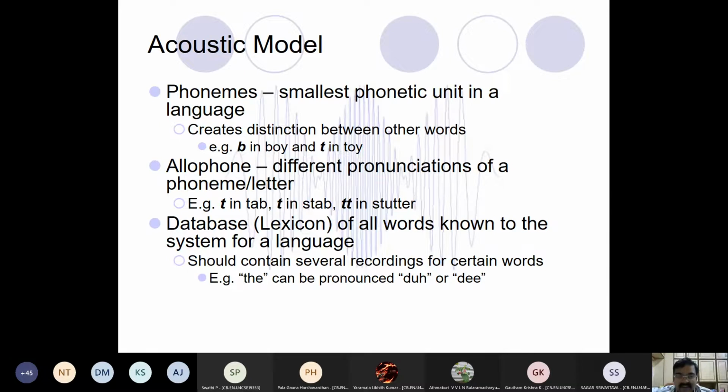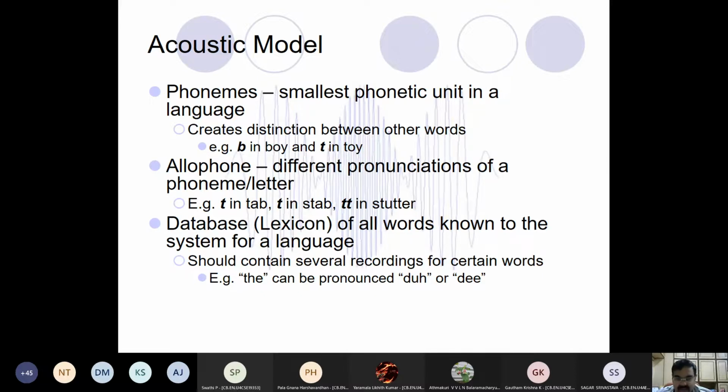Now, to just give you an example, there is something called a phoneme. A phoneme is the smallest phonetic unit in a language. So a phoneme is the basic unit of a language, but the problem is that the same alphabet is different in two different phonemes.